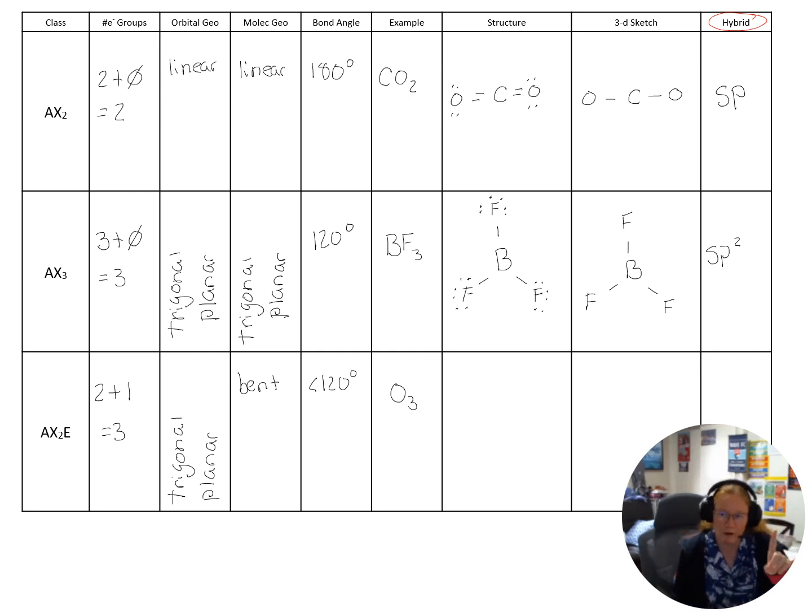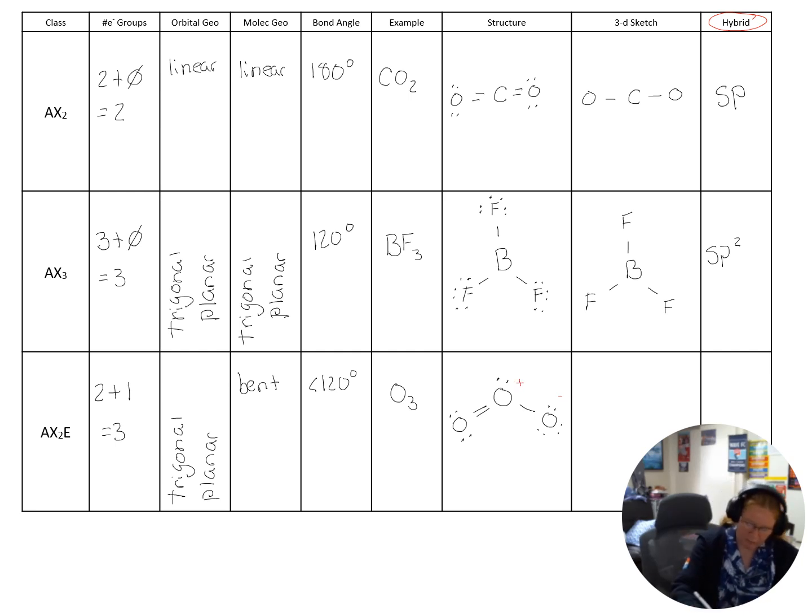I'm only going to draw one of the resonance structures because remember, when we have resonance, all the resonance structures have the same geometry, so I'm just going to draw one of them. Okay, it's neutral because we have a minus here and a plus there.